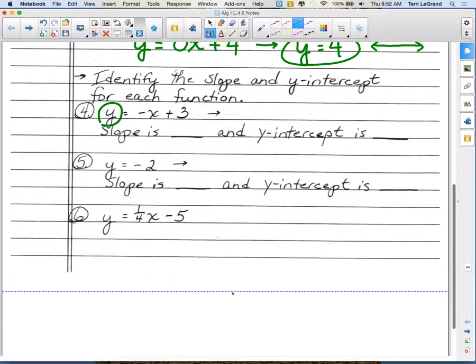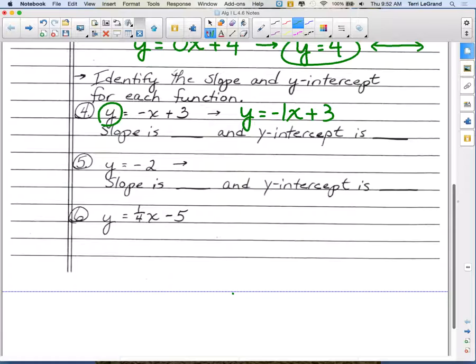And what did they do? I want to kind of unclean it up, if there is such a thing. I want to take it back to where it was before they cleaned it up. It's negative x. What's that the same as? Negative 1x. Yeah, they cleaned it up and said, you don't need to leave that 1 in there. And then plus 3.